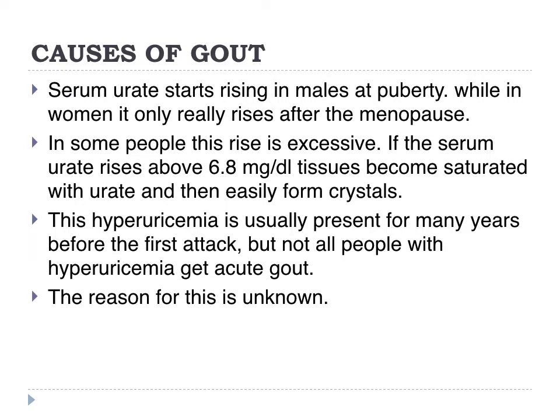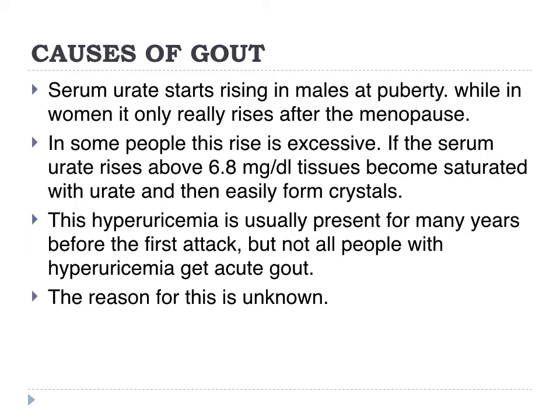Children seldom have hyperuricemia, and women also seldom have hyperuricemia. Menopausal women have a slightly increased incidence of hyperuricemia, like males. So most males rise during puberty, while in women it only rarely rises, after menopause. In some people, the rise is excessive.